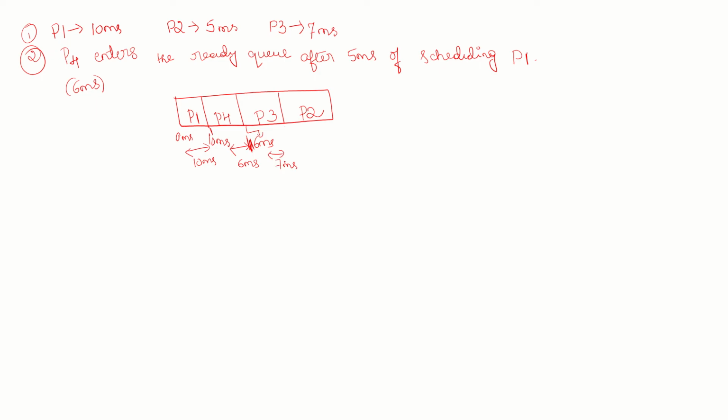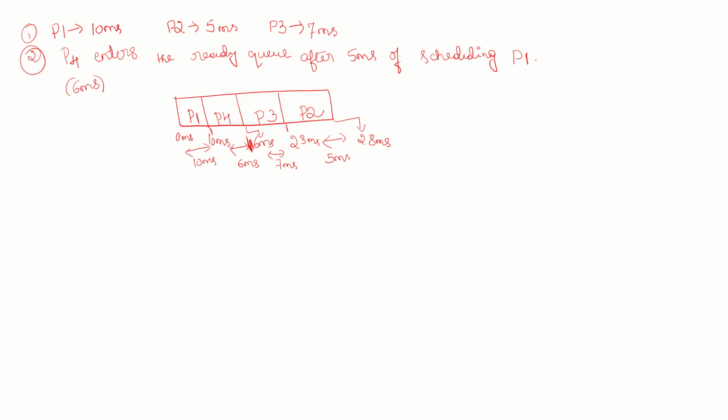Okay, so it comes at 16 milliseconds, it takes 7 milliseconds, so we can say that it completes at 23 milliseconds. Okay, now what is the time that is taken by P2? It takes 5 milliseconds. So I can say that here it is 28 milliseconds.